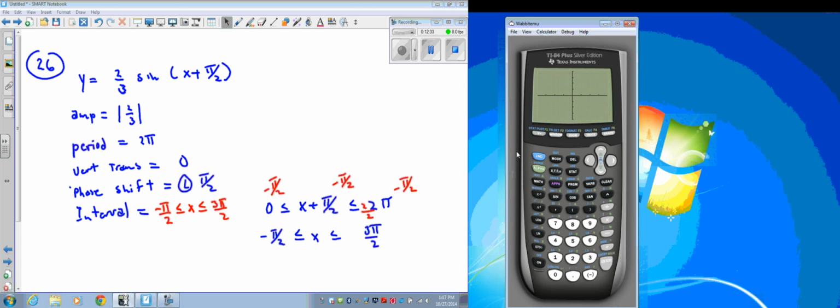And then just go in here and put that in there: 2 divided by 3 times sine of x plus, that's pi, isn't it, over 2.